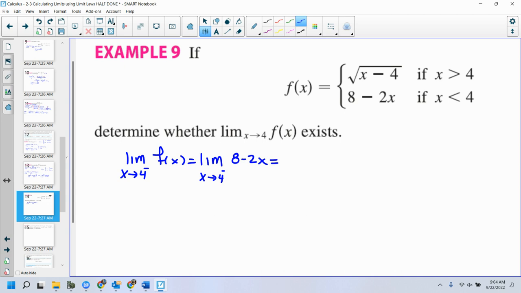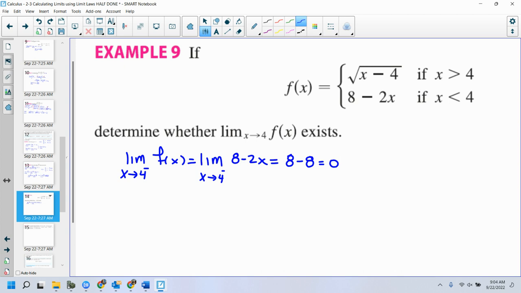Plug it in. So all I need to do is just plug that 4 in. Let's do that. 8 minus 2 times 4. Well, that's 8 minus 8, right? Or 0. Don't think because it's 0 that it doesn't exist. That's actually the value. So we know the limit on the left side is 0.